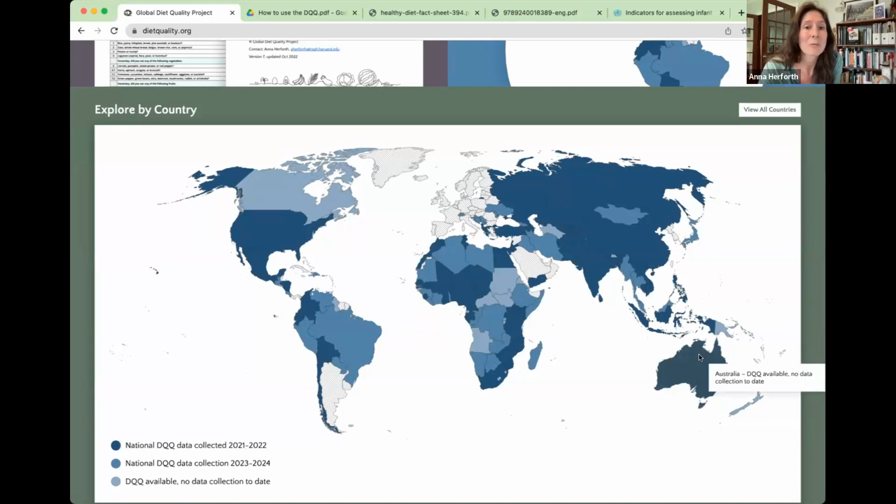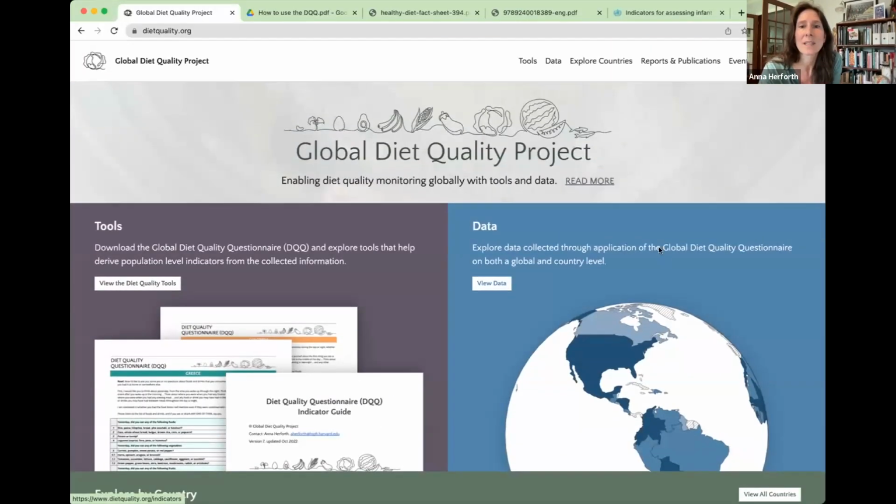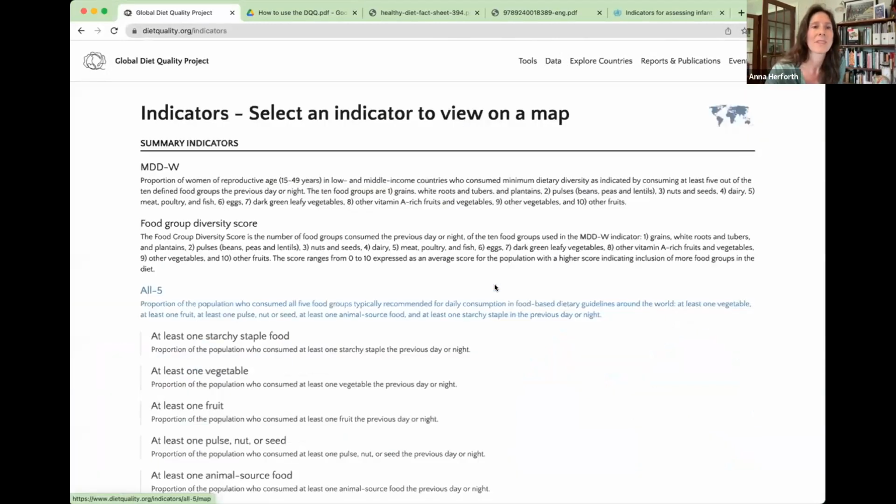And we can see their diet quality here is represented in not just one indicator, but a number of indicators. So if we go here to the data page, which is available up here in this menu, or you can equally click View Data, what we first see is a list of indicators on diet quality, different aspects of diet quality.